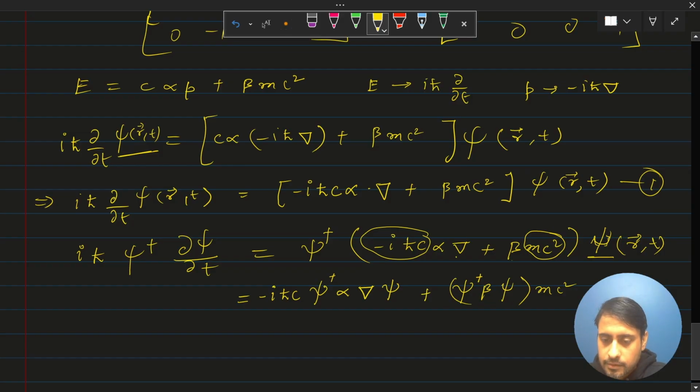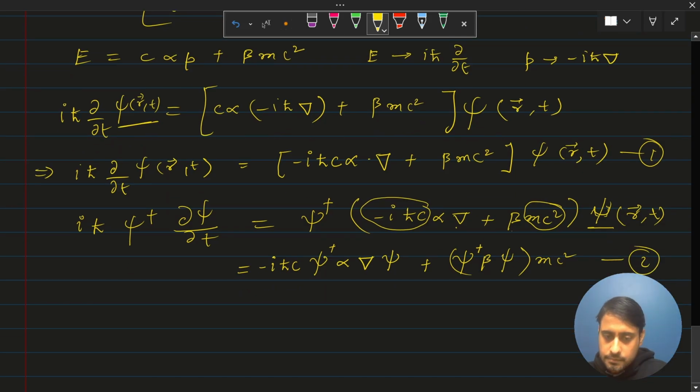So let's call this equation number 2, or better, is there any good way to write this? Beta you can also take in the left hand side, we will see it later. Let's write it like this.